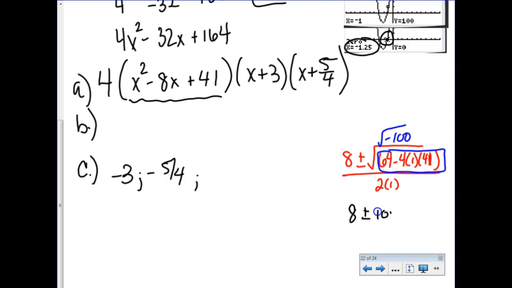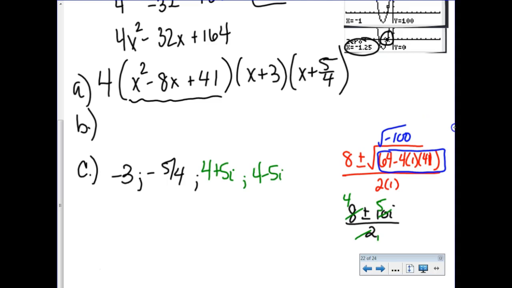You get 10i. Now, guys, you no longer have a radical. You can take these all the way down to simplified answers. So, for instance, 8, 2, and 10 can all be cut by 2. So that's a 4 and that's a 5, and 1's boring, so I don't even bother with it. So one answer is 4 plus 5i, and the other answer is 4 minus 5i.